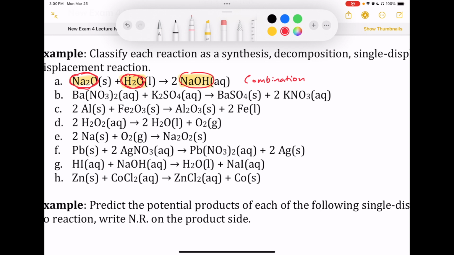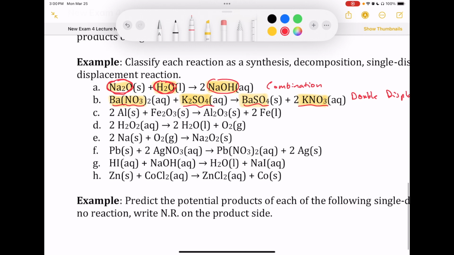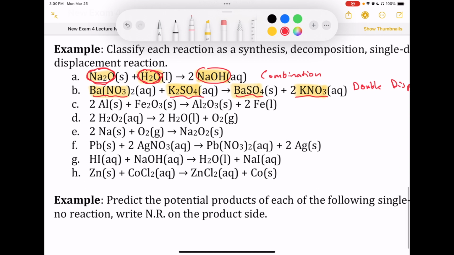Let's take a look at the second one. The second one is Ba(NO3)2 plus K2SO4 makes BaSO4 and KNO3. Well, all we have here are ionic compounds. Here's an ionic compound, here's another one, here's another one, here's another one. So it sure fits that double displacement reaction pattern where you have two ionic compounds, right? And they are combining together to form two new ionic compounds.